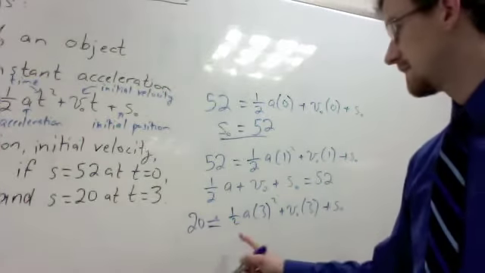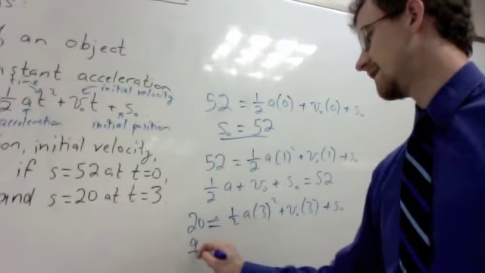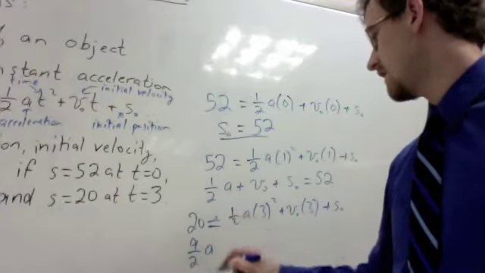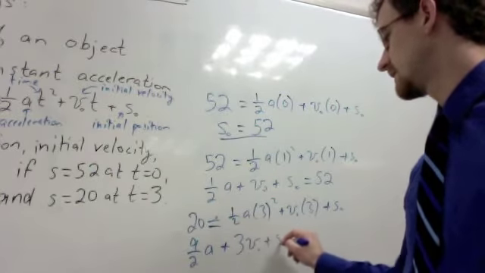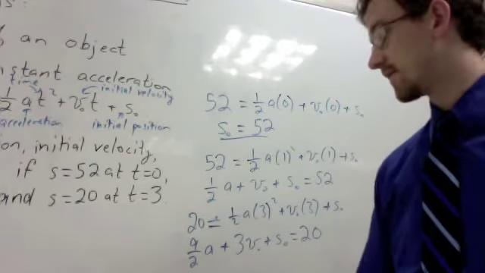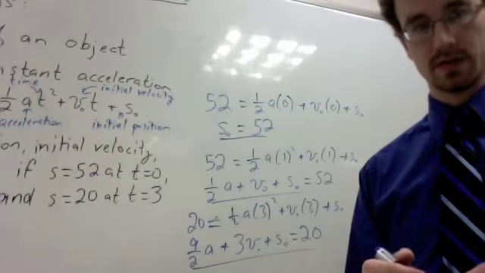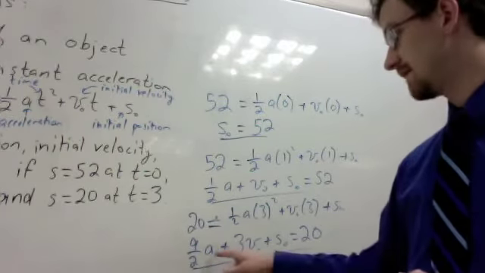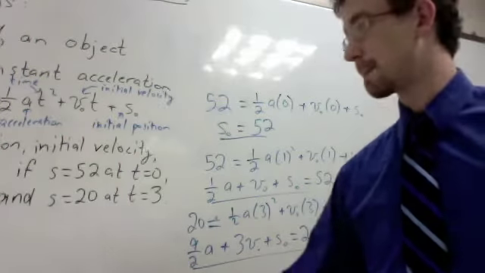So this third equation gives us 1/2 times 9, that's 9 halves a plus 3 v naught plus s naught equals 20. So now we have three equations that we can work from in order to solve this system for our acceleration, initial velocity, and initial position.